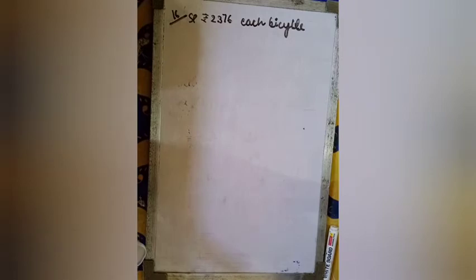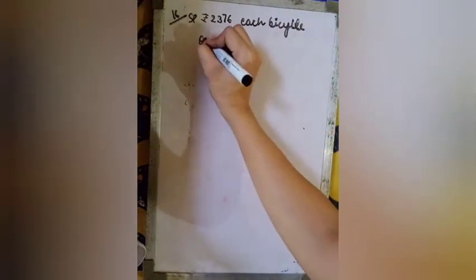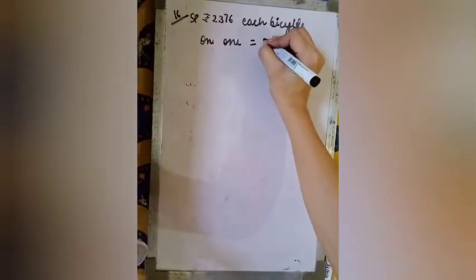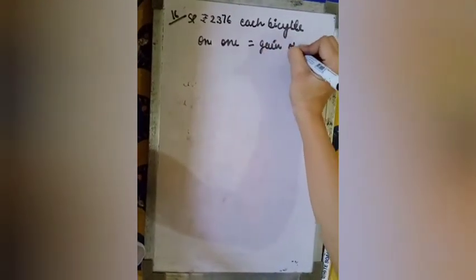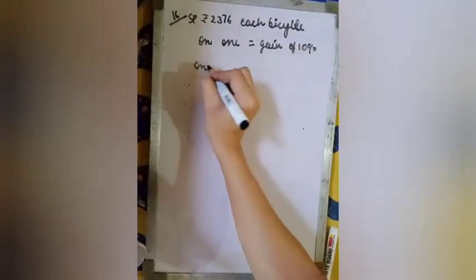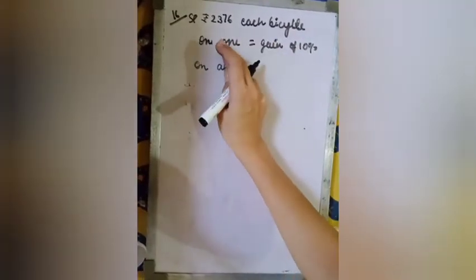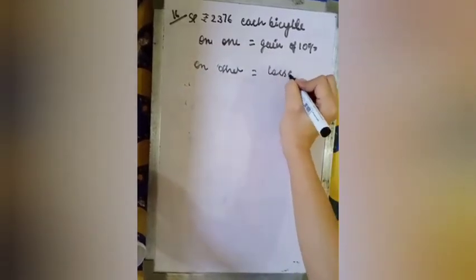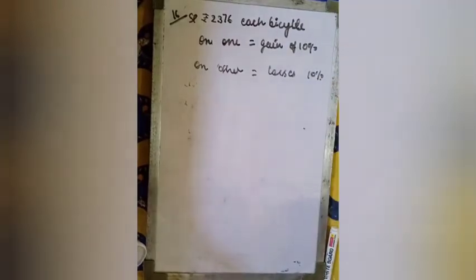Now he gains 10% on one cycle, and on the other he loses 10%. We have to find the gain or loss percent in total.